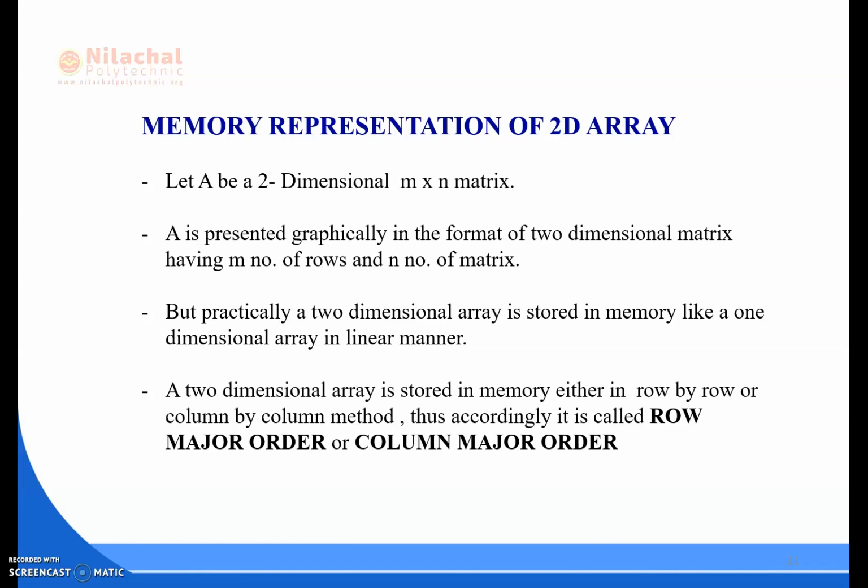But practically, a two-dimensional array is stored in memory like a one-dimensional or linear array only. So a two-dimensional array is stored in memory either by the row or the column method. If it is stored by row, it is known as row major order, and if it is stored by column, it is known as column major order.